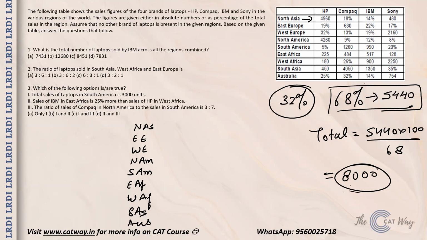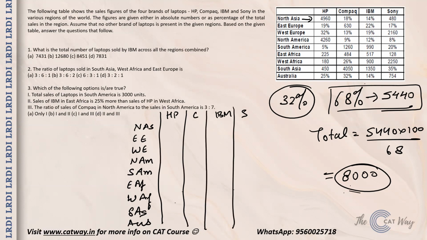So these are the different regions that are there. Okay, then let's make the data for the company table: HP, Compaq, IBM, and Sony. So these are the four companies, and these are the different regions that are present for us. Okay, so in this we have to do the calculation.